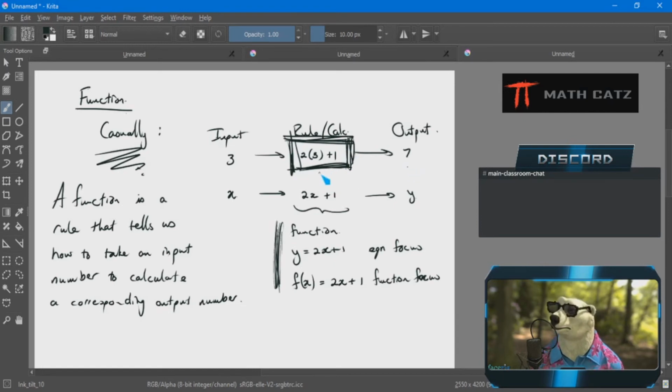A different rule, a different calculation, a different box, and of course, a different output is going to be spit out. But it's still: input comes in, something happens, we call that a function, that's applied to the input, and an output is the result.